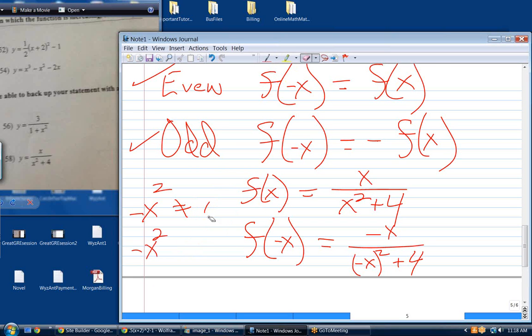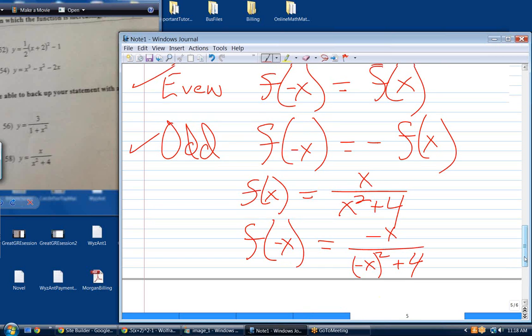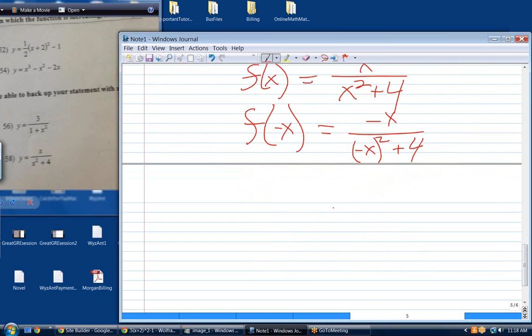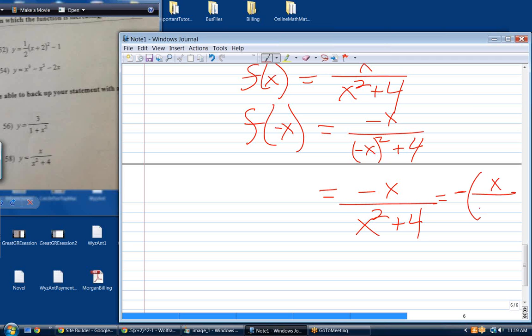Okay. So now let's simplify and see what we have. See if we've got either f of x or minus f of x. Well, this simplifies to this. And notice, compared to this function over here, that is negative f of x, isn't it? In other words, I can take the negative sign out, leaving behind everything else, and this was f of x.